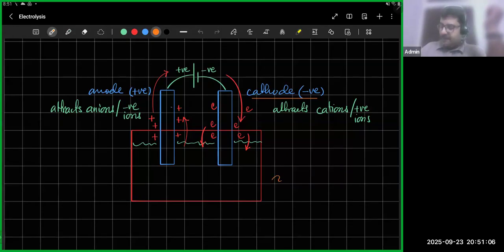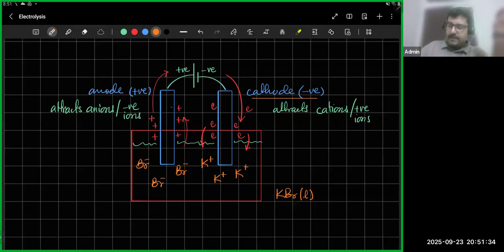So let's say I have some potassium bromide in liquid state. Not a solution, it's in molten state. The positive ions in potassium bromide are going to be attracted to the negative cathode, and the negative bromide ions are all going to be attracted to the positive anode.